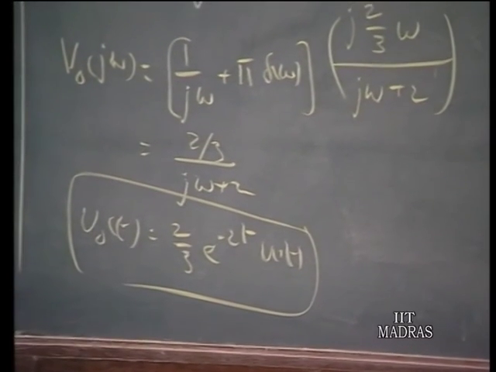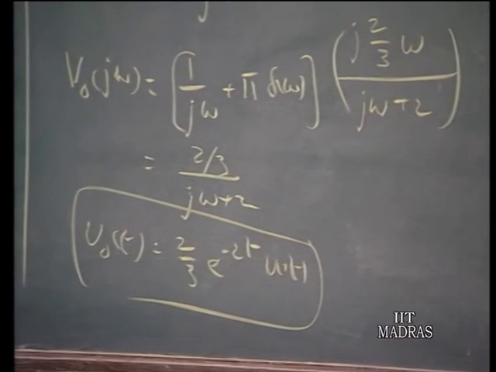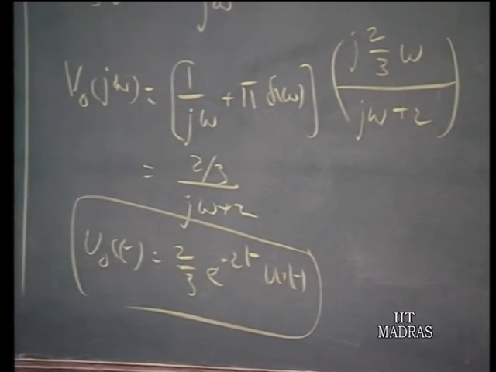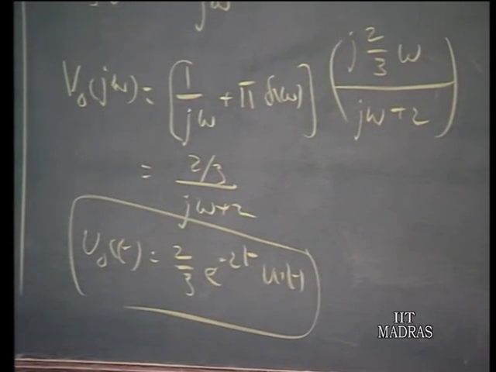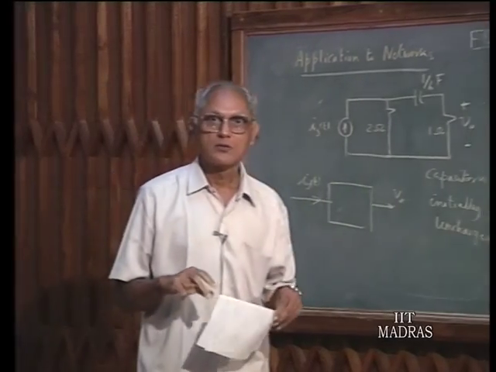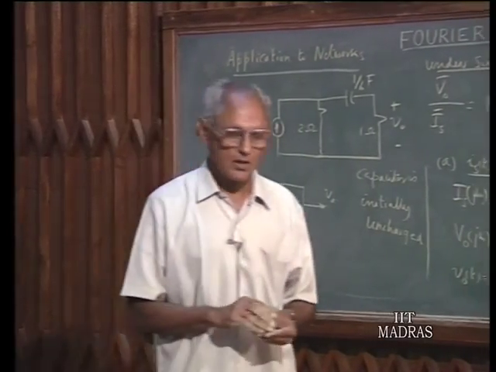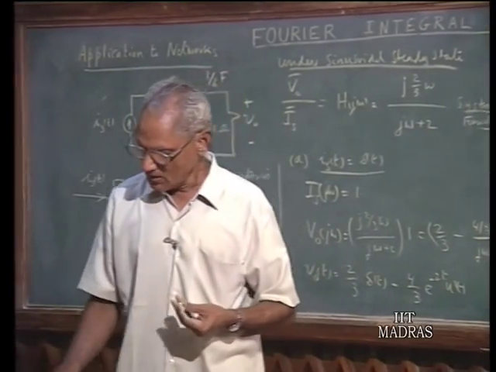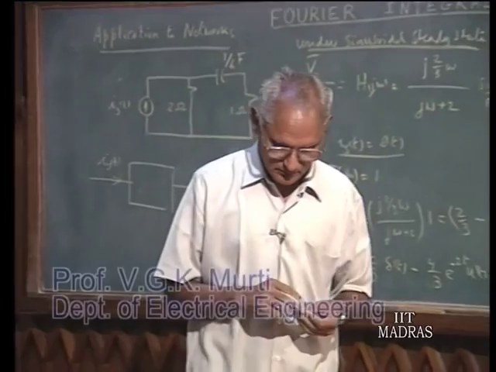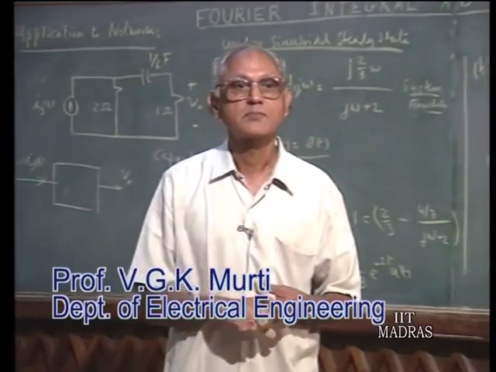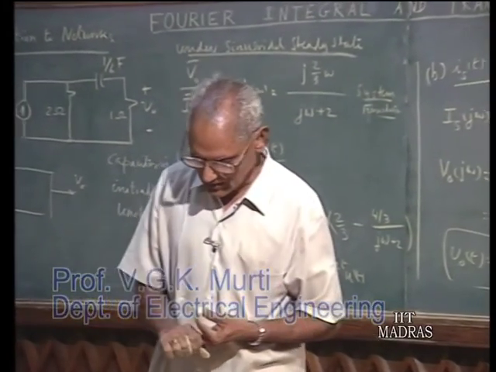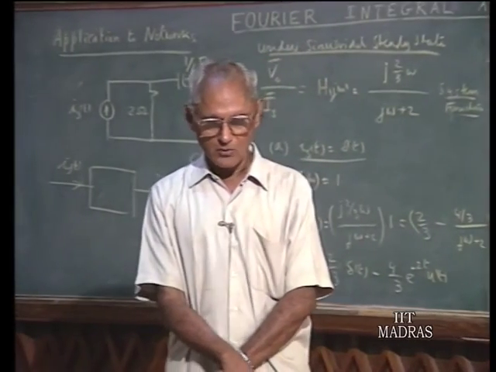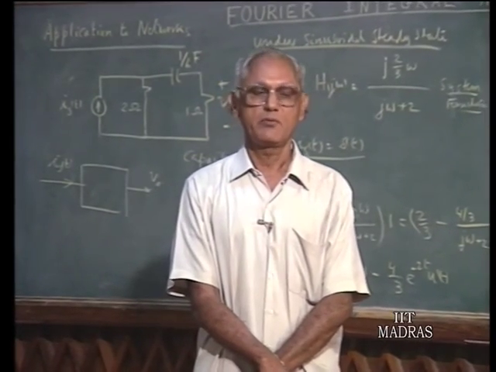So, that is how you can calculate the transient performance of a network using the Fourier integral and Fourier transform concepts. To summarize, in this particular lecture, what we have done is we started out with the formula for integration, and we saw how the integration rule is compatible with the differentiation rule.